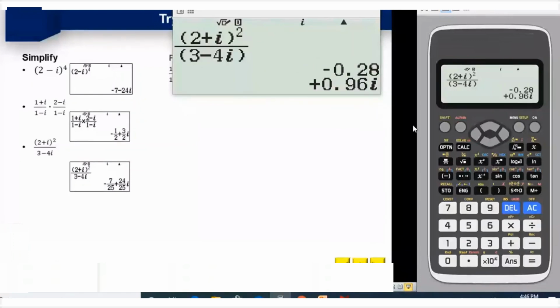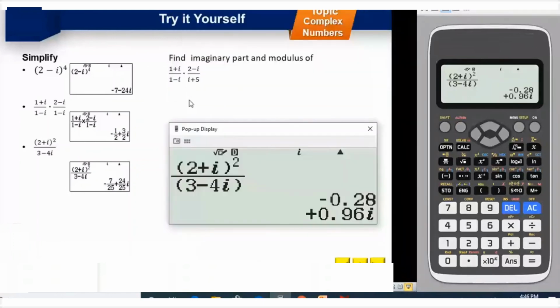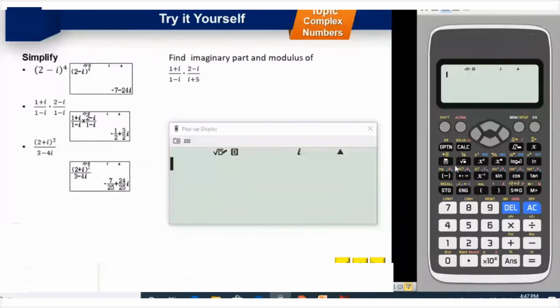Now this is the question which says find the imaginary part and the modulus of this. So fraction 1 plus iota upon 1 minus iota, come out of the fraction, multiply fraction, that is 2 minus iota upon iota plus 5.